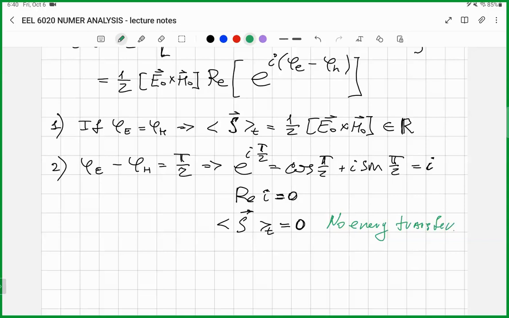The electric field is there, the magnetic field is there, the fields have energy, the energy oscillates, etc. But the energy doesn't propagate anywhere. It stays locally, stays somewhere.